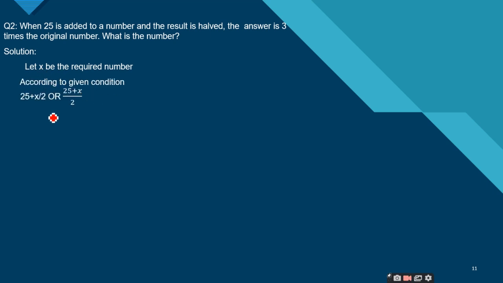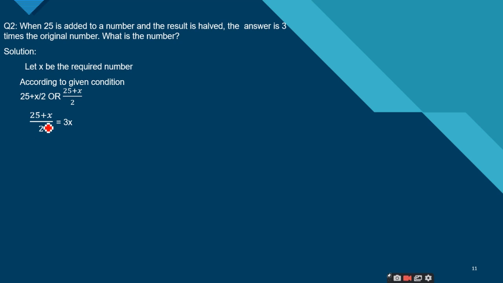According to the given condition, 25 is added to a number: 25 plus x, and the result is halved. So the result which we get after adding 25 plus x is halved, or we can write it as 25 plus x upon 2. The second condition is that the answer is 3 times the original number.